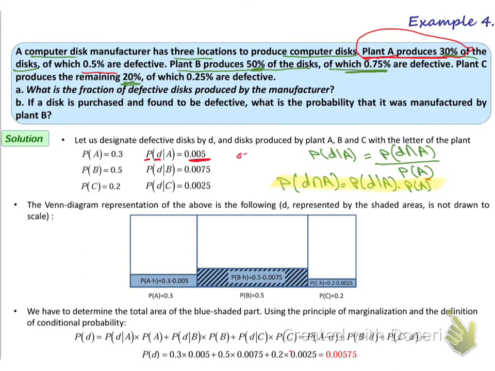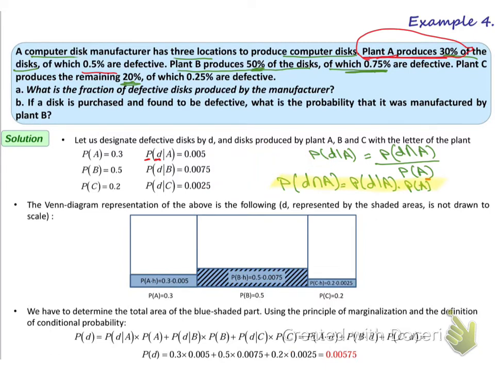This is 0.5%, so 0.5 divided by 100 equals 0.005. Okay, this is where we got this 0.5.